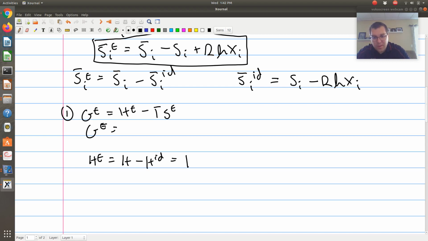So that would be H minus sum over i x_i h_i, would be one way to write it. And so if I were to go that route, this would be H minus sum over i x_i h_i minus T times S^E.